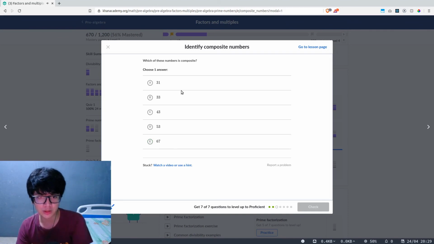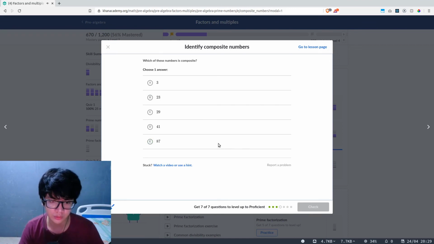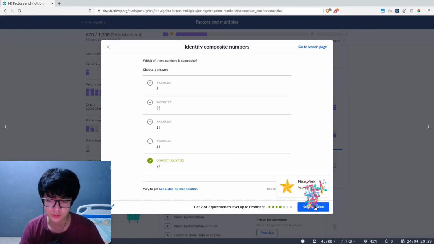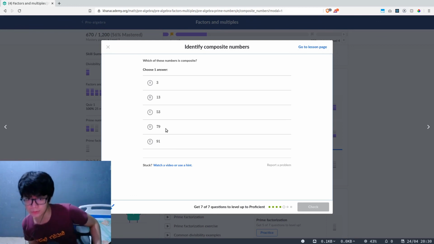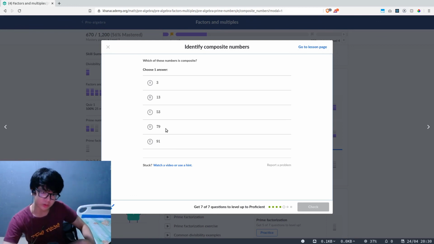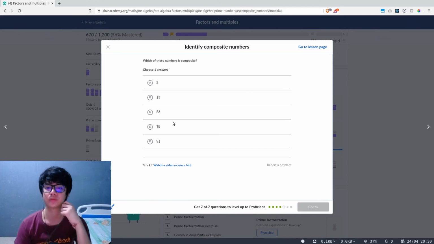Which number is composite? 33. 87. 79. 16. No, 10. This is hard. Could be 7, could be 91.